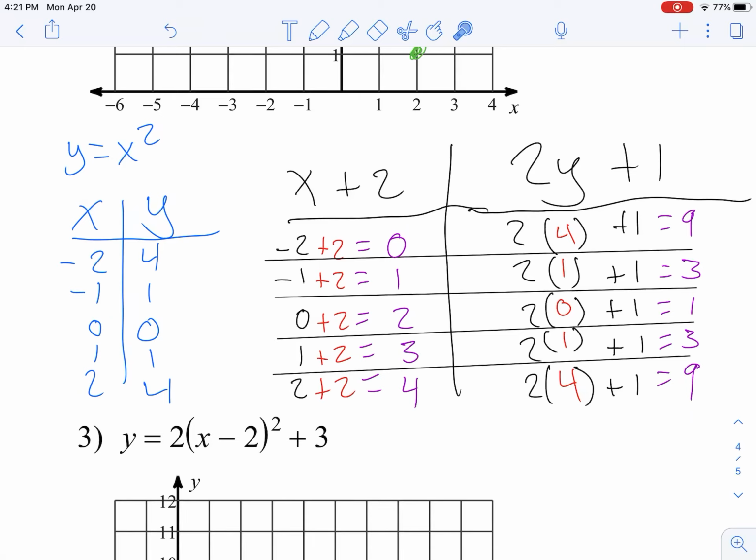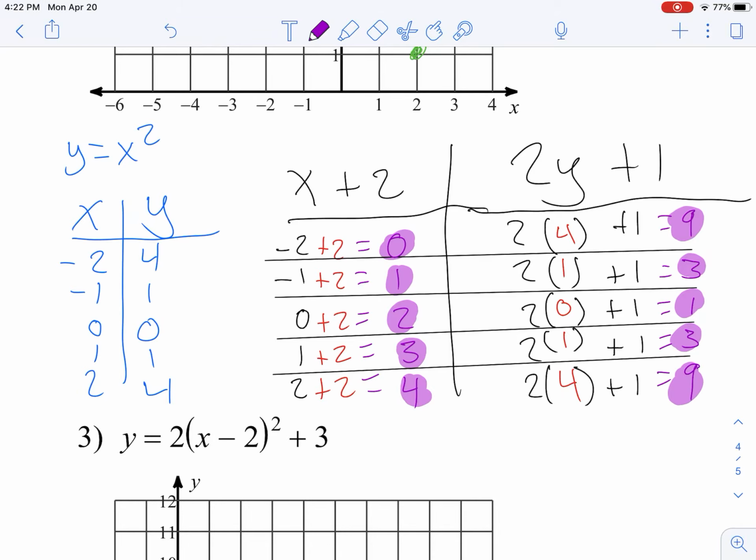And if you notice, just like we did earlier when we graphed with tables, because these are quadratics, they're parabolas, this part is going to match this part here. So I'm going to highlight these in purple now. 0 and 9, 1 and 3, 2 and 1, 3 and 3, 4 and 9.